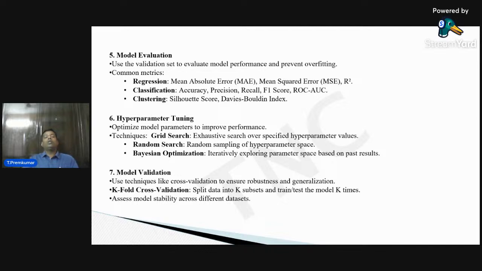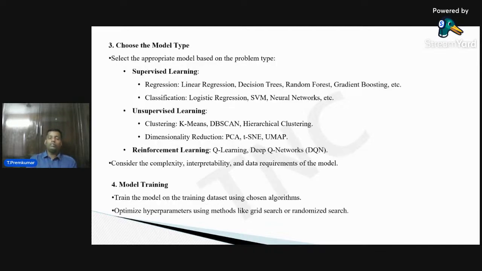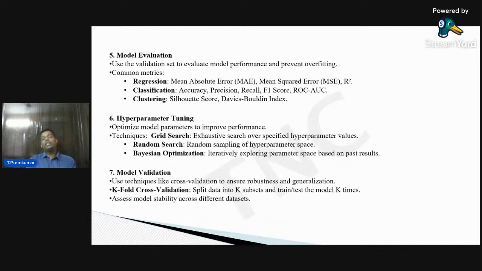The next one is model evaluation, after the training we have just discussed. Once the training gets over, we go for the evaluation process to check whether it is working properly or not. For that, we use the validation sets to evaluate the model performance and prevent overfitting.